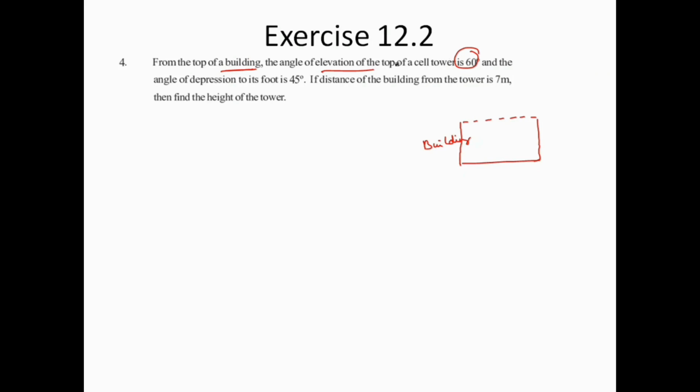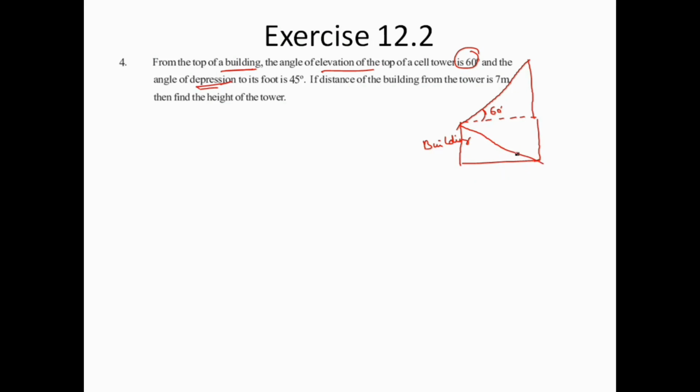Now he says that the elevation of the top of a tower is around 60 degrees. It means you have some tower like this, and this elevation is given as 60 degrees. And the angle of depression is also given to its foot. That is the angle of depression towards its foot, that is this angle. Right?